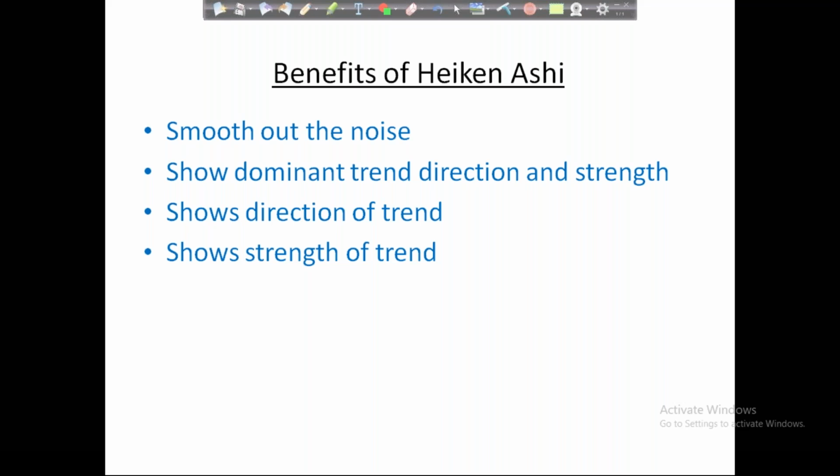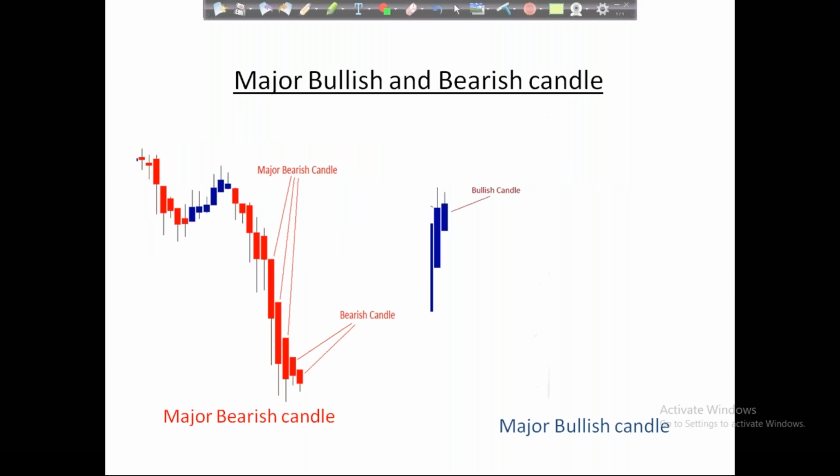But using only Heiken Ashi candlesticks, we can confirm both. It tells us the direction of the trend and the strength of the trend. That is the important thing to remember.